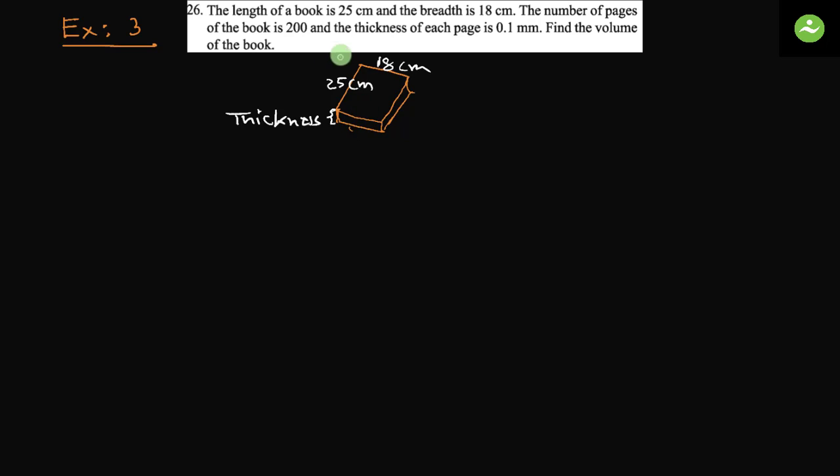We know a book has many leaves and each leaf has 2 pages. So one leaf of a book has 2 pages.